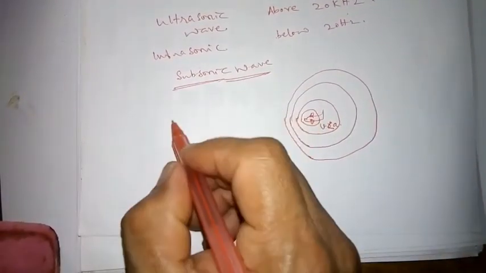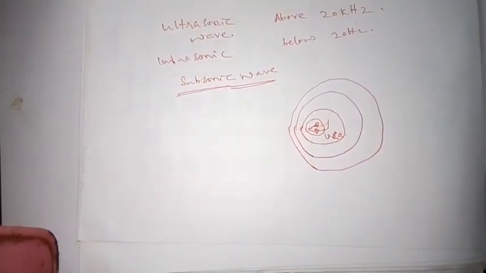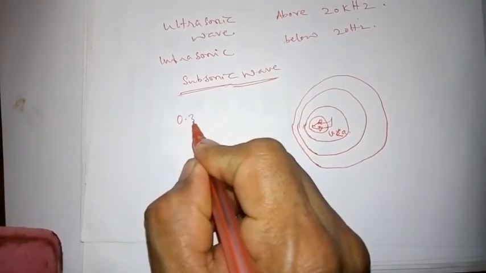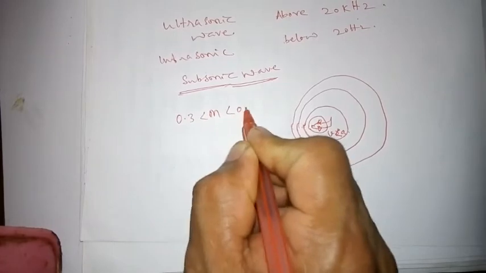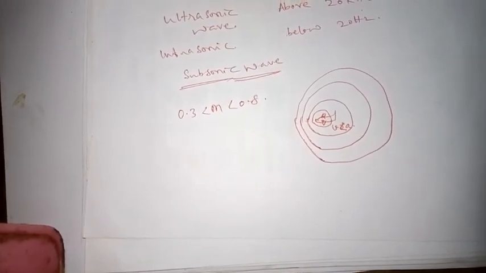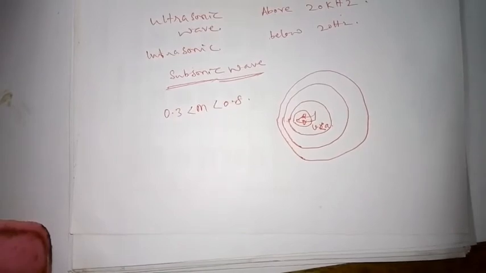The Mach number range for subsonic is 0.3 to 0.8 Mach.